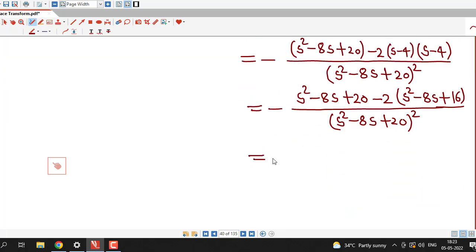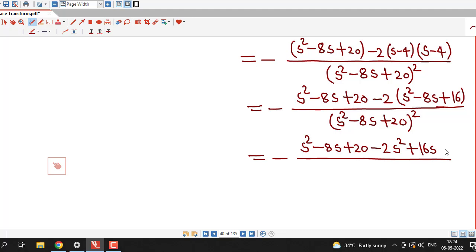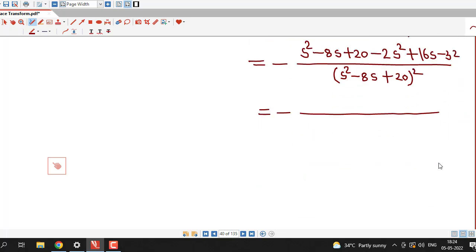And now we again simplify. S square minus 8s plus 20 minus this bracket multiplied by 2, and the negative sign is also there, minus 2s square plus 2 into 8, that is 16s, minus 32. This is multiplied by 2, and the denominator as it is, (s square minus 8s plus 20) whole square. Now again we rewrite all these terms.